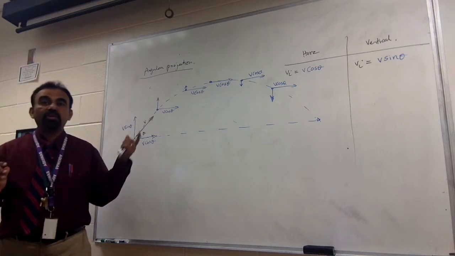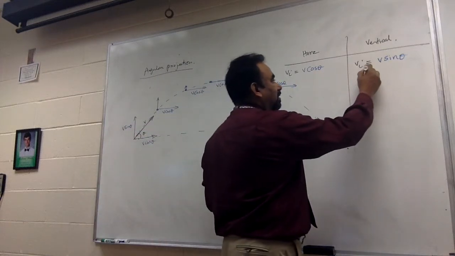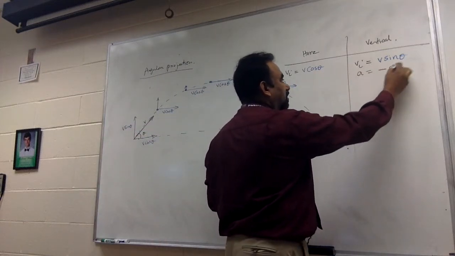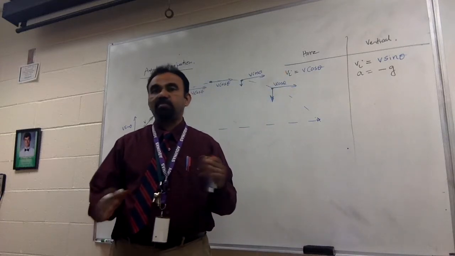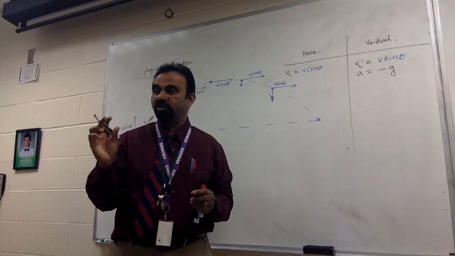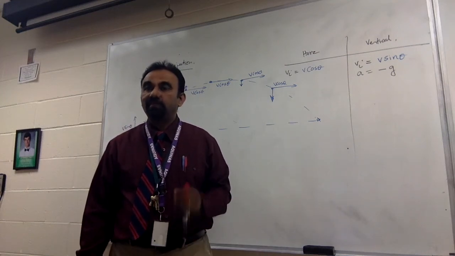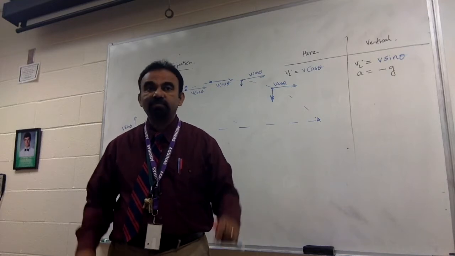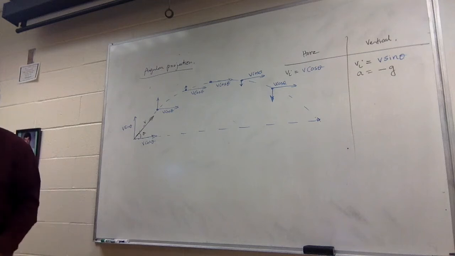All right, what else do you know in this? You know acceleration, right? Minus g. I'm not putting numbers, I'm not putting minus 9.8, I'm just putting minus g. Where g stands for? What else do you know there? Vertically, for sure. Displacement?